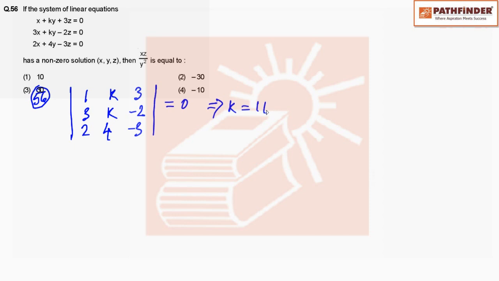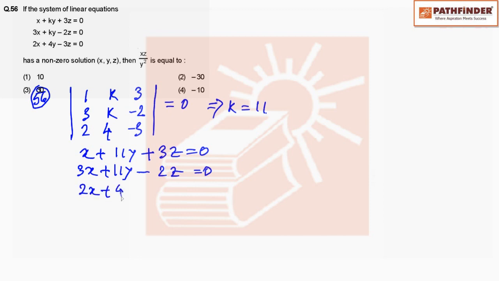Now we write the equations as x plus 11y plus 3z equal to 0. The next equation is 3x plus 11y minus 2z equal to 0, and it is 2x plus 4y minus 3z equal to 0.